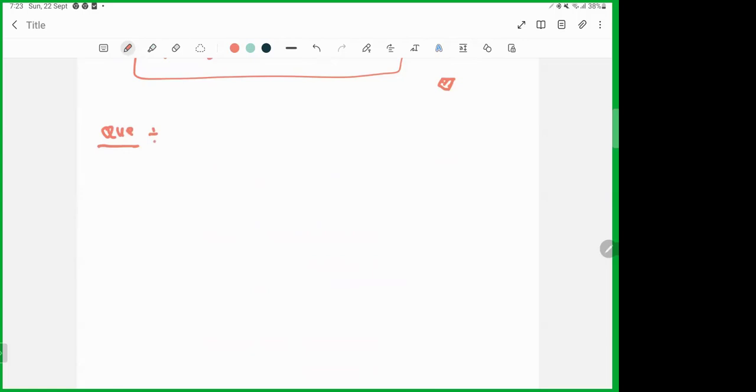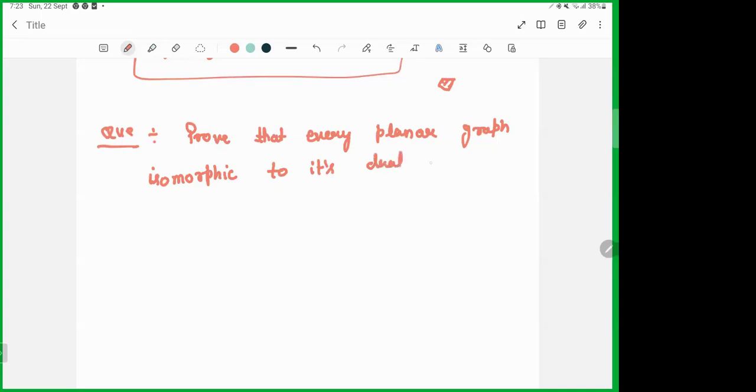So this is the second problem. Prove that every planar graph isomorphic to its dual has exactly 2n minus 2 edges.